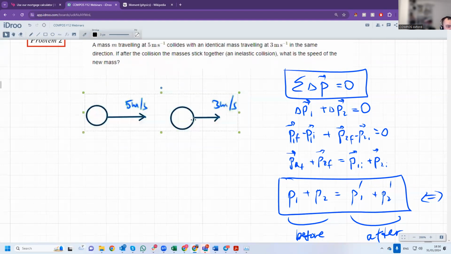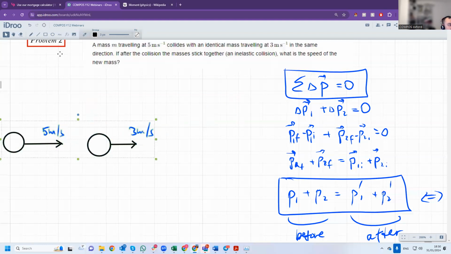So the two masses collide and they stick together. And now their mass, so this is m, this is m, this is 2m, and it's traveling at v.